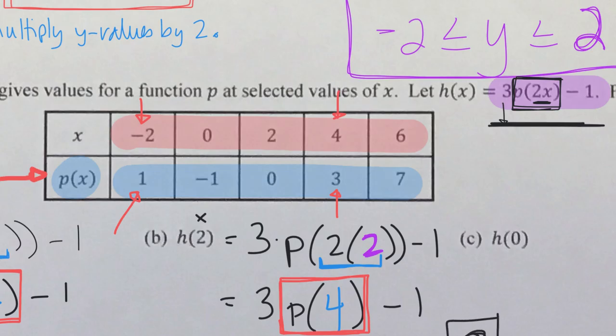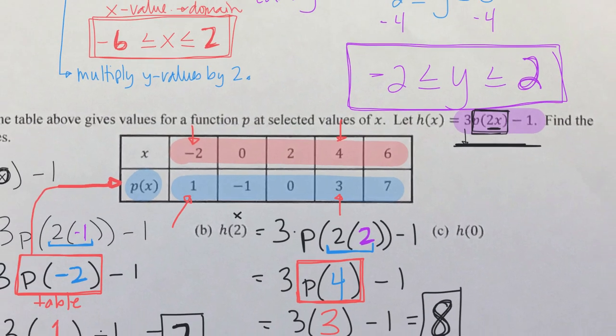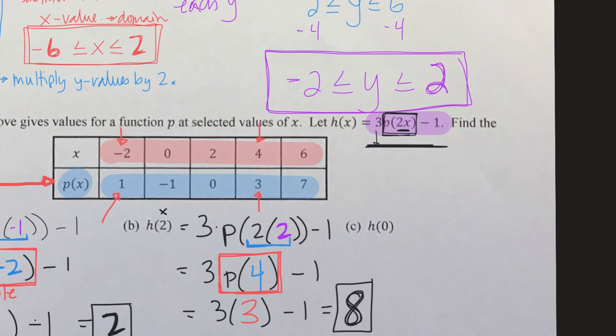Okay, we're evaluating using a table rather than using an equation. So now we have an x value of 0. So 3p of 2 times 0 minus 1. Okay, so 2 times 0, well, that's just 0.